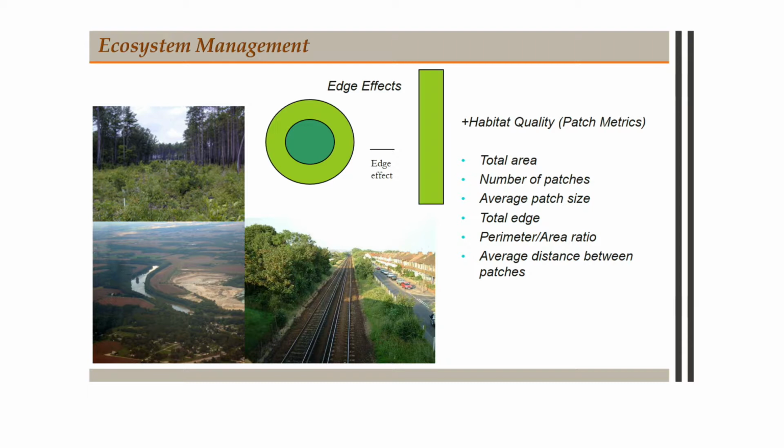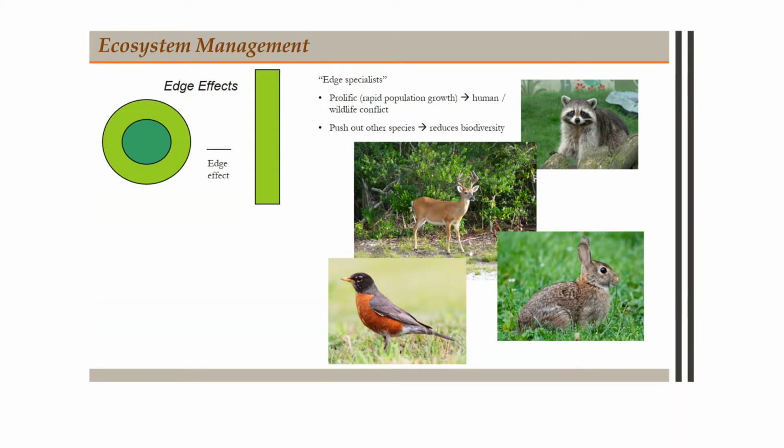Sometimes we make the mistake of deciding that a linear corridor will be great for the wildlife and will save them, but if the linear corridor isn't wide enough, the entire thing becomes edge. And edge is really wonderful for edge specialists. Species that are very common in suburban backyards and fully developed landscape matrices.